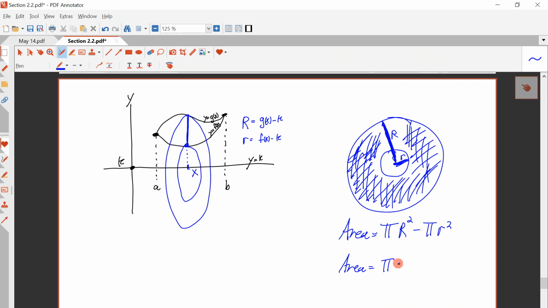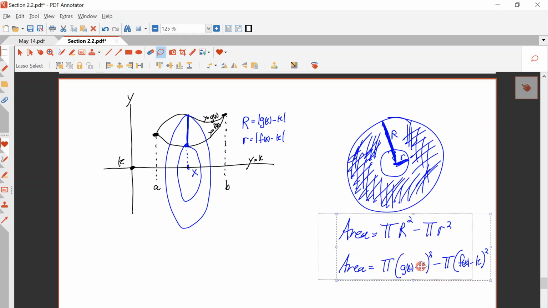So the area is pi times (g(x) minus k) squared. By the way, this is if the axis is underneath the region. If it's above the region, then it's the absolute value of this, just to keep it positive. Minus pi times (f(x) minus k) squared, like that.